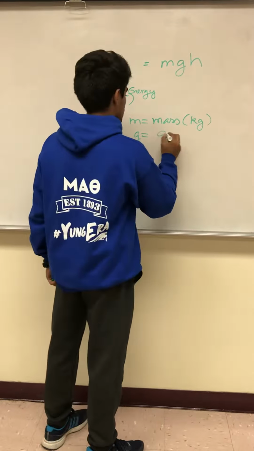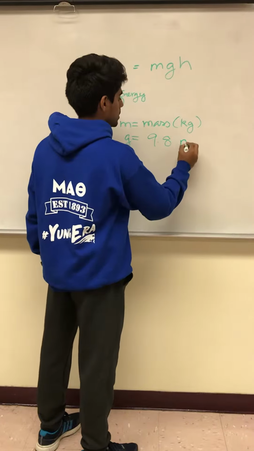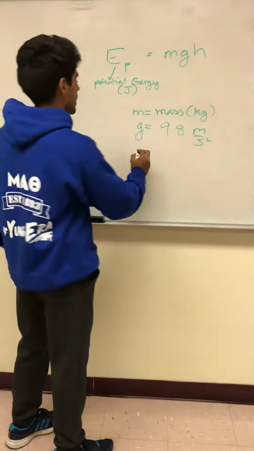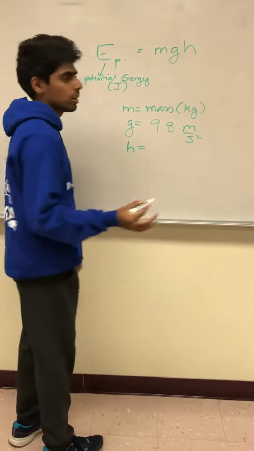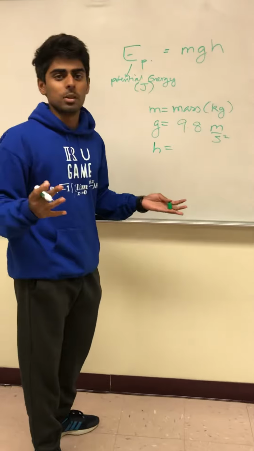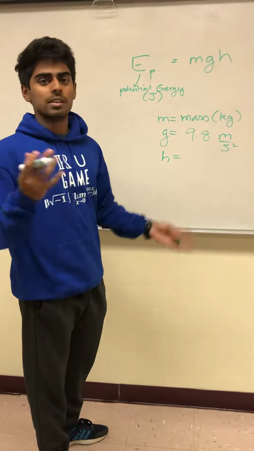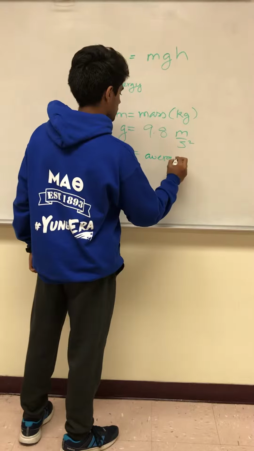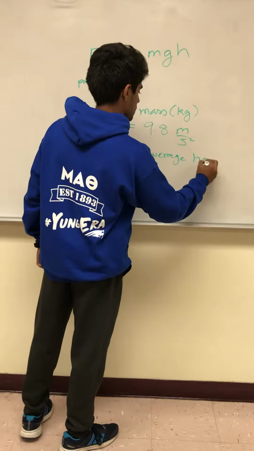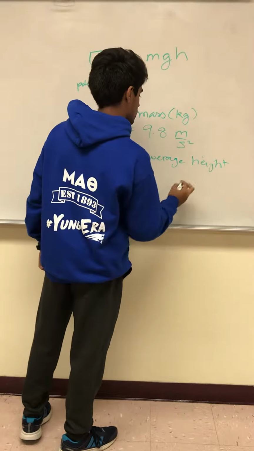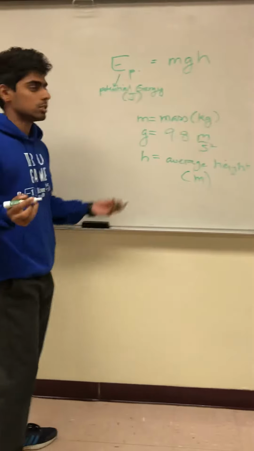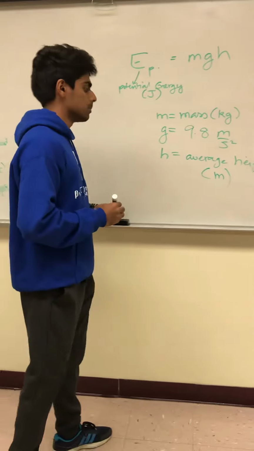So this is 9.8 meters per second squared. It's constant. And H is the average height of the water. Now all the water will not be located at one height, so we just take the average height, in meters. Essentially, that's what you have.